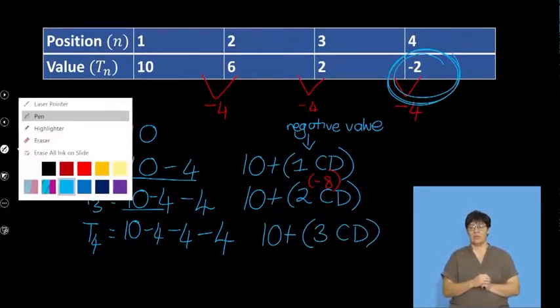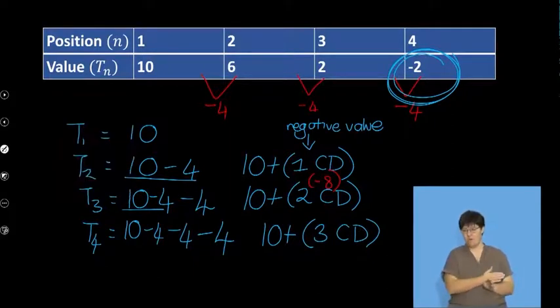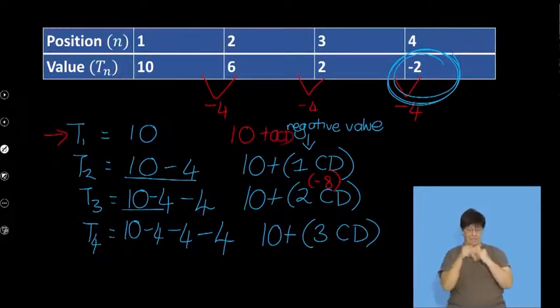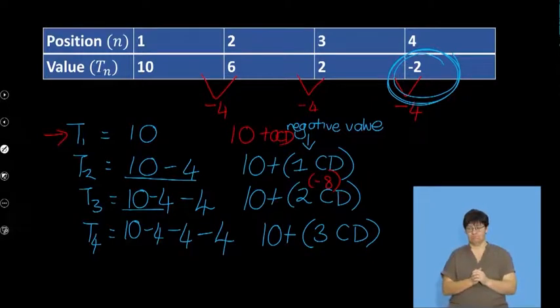Also, just before I conclude about this, I'm sure everyone will agree that the first term over here was just 10. There were no common differences added over here. So I'm hoping that everyone can see the pattern that for term 1, I had no common differences. For term 2, I had 1 common difference.